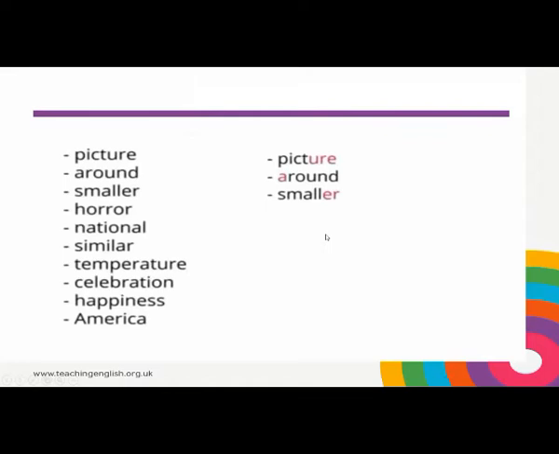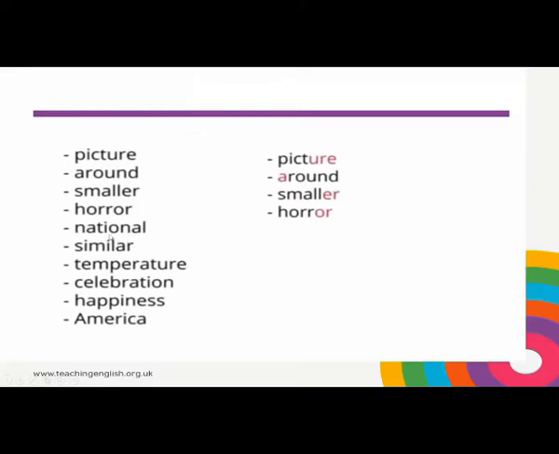The fourth one, at the end. Horror. Okay. Next. Miss Hoda. In the middle and at the end.